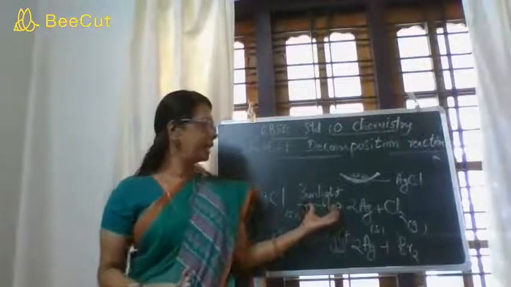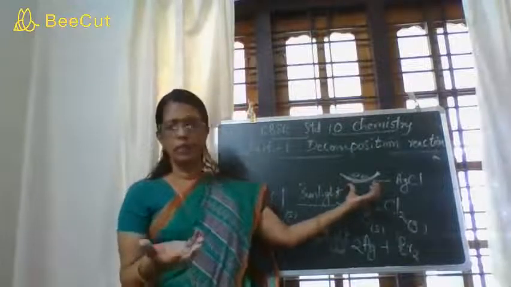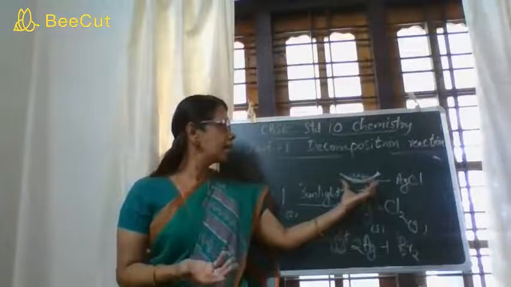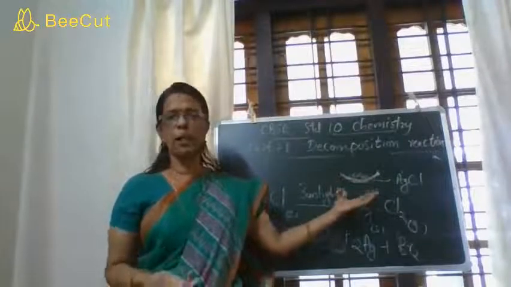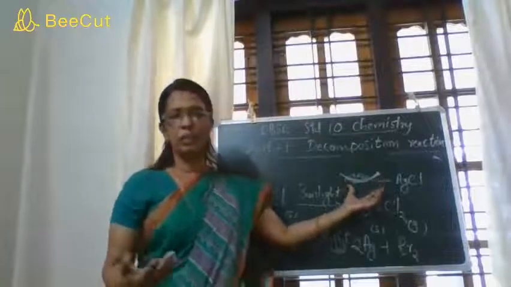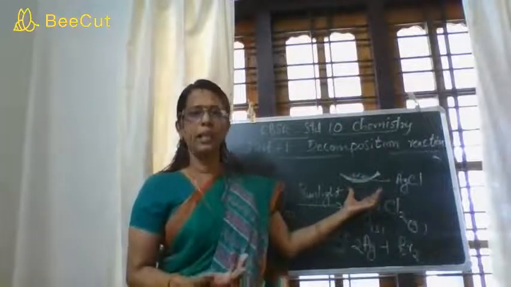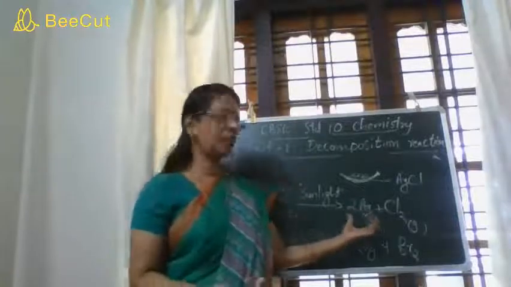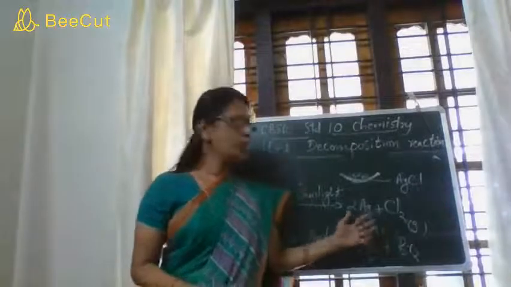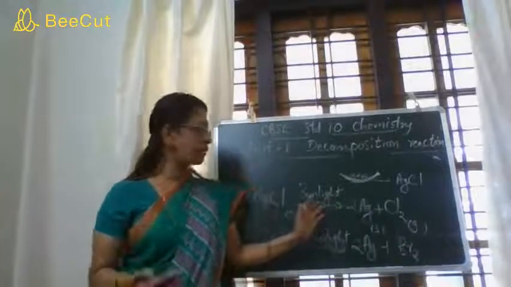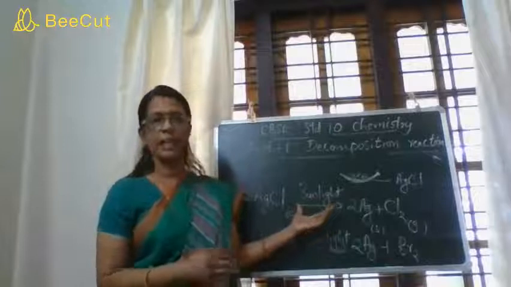When it is taken in a watch glass or china dish and kept outside or near the window side, after 1 hour the white solid silver chloride gradually turns into black silver. So this is a decomposition reaction taking place with the help of sunlight.